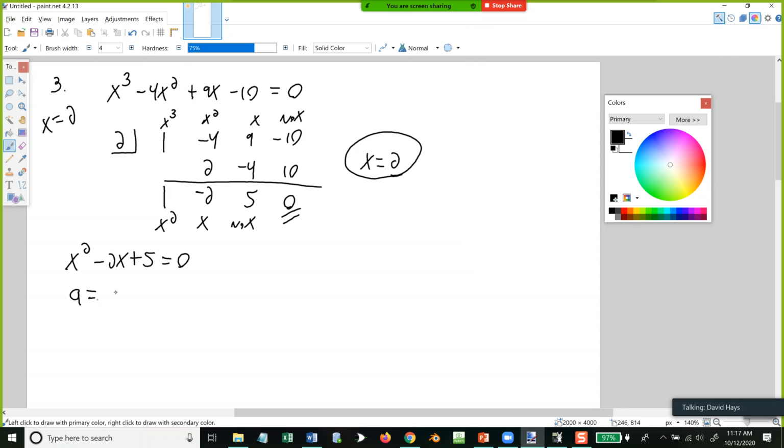A is whatever's in front of your x squared, which is 1. B is what's in front of your x, which is negative 2. C is your number at the end, which is 5. So I got negative b plus or minus square root of b squared minus 4ac, all over 2a.